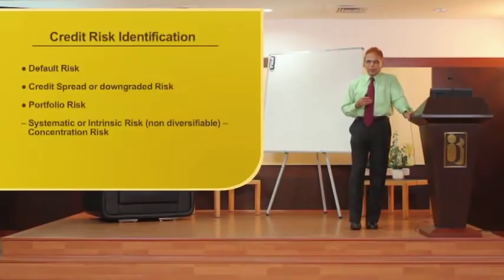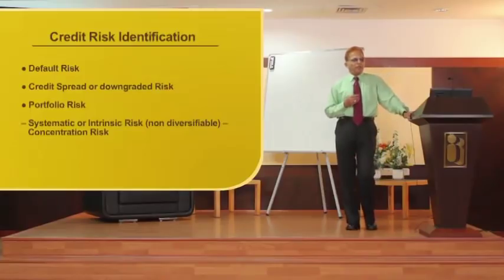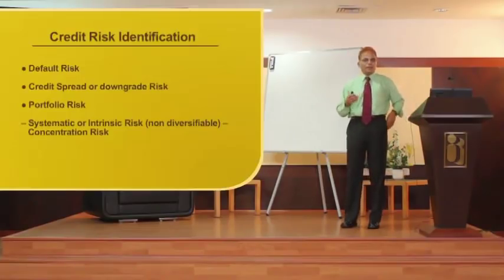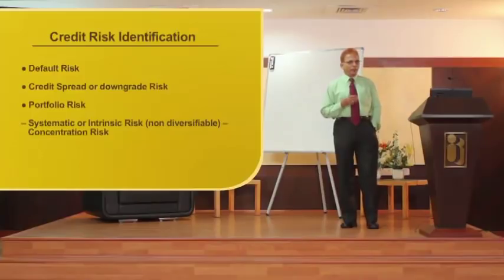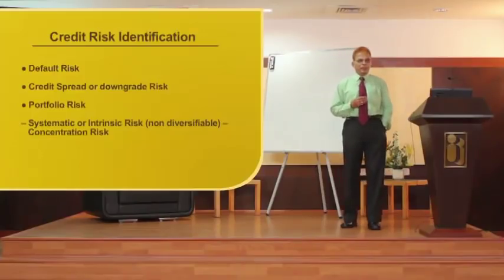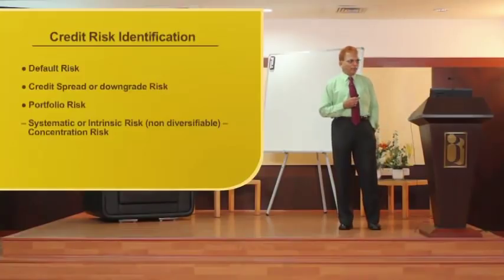The second one we have seen is how to identify a possible downgradation. That's basically the credit spread. If a corporate's rating gets downgraded, the bank is facing a higher credit risk. So it is very essential to track the rating of the corporates.